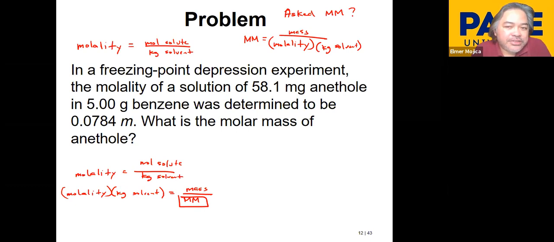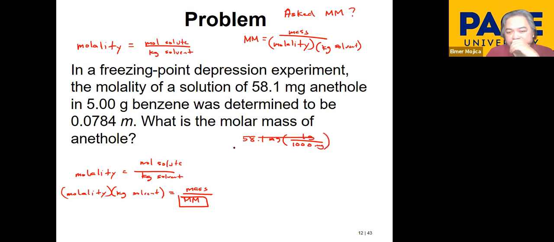So if you look at the one-shot way of solving it, we end up with what? 58.1 milligram, which we're going to convert to gram. And then divided by the molality that you have there, that's 0.0784 moles per kilogram. And then you have to convert 5 grams, because for every 1,000 grams you have 1 kilogram.